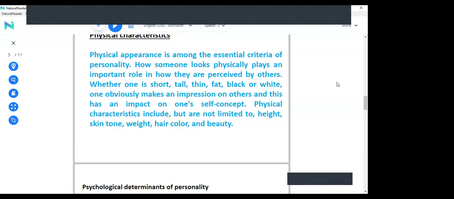Weight, hair color, beauty, skin tone, height, and also voice, the tone, short, tall, thin, fat, black, white, everything. Sometimes it is like a hidden concept of personality. Sometimes other people can't understand why this girl or boy is okay with this person.